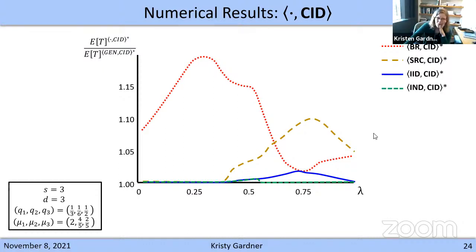I don't think I have really good intuition for why that is. I think it's just that when lambda gets really, really high, maybe here's what it is. IND is going to be constrained to doing essentially the balanced routing querying, where we're going to have to query the server classes in proportion to their speeds in order to make sure that we're hitting everybody often enough for stability.